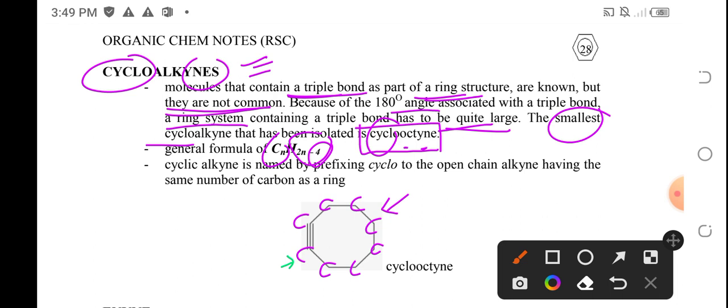Hindi niya na kaya kasi nga, this is already bonded to the carbon atom above. So, meron na siyang triple bond dyan. Tapos dito naman sa carbon atom dito sa baba, may single bond. So, the total is 4 already. Okay? So, ulitin ko, the carbon atoms that hold the triple bond, these two, don't have hydrogen anymore kasi nga, na-meet na nila yung 4 bond requirement.